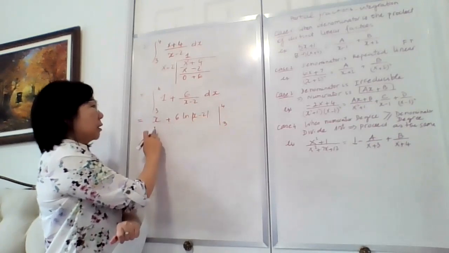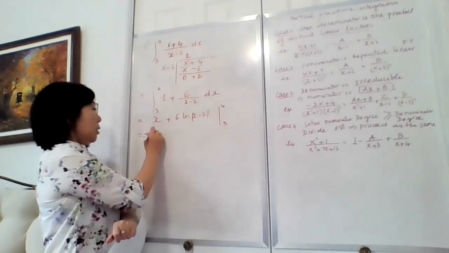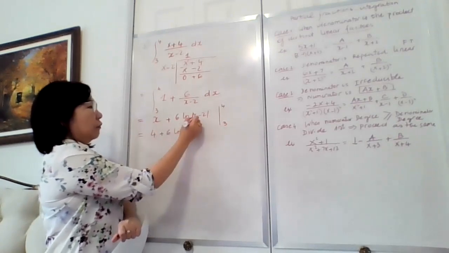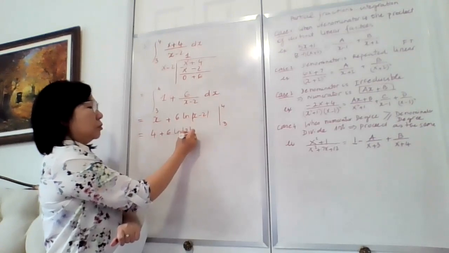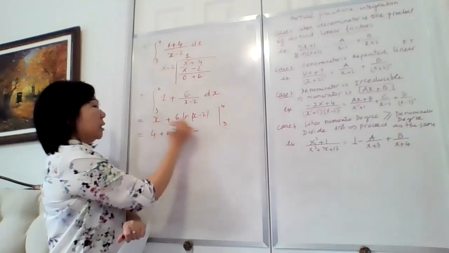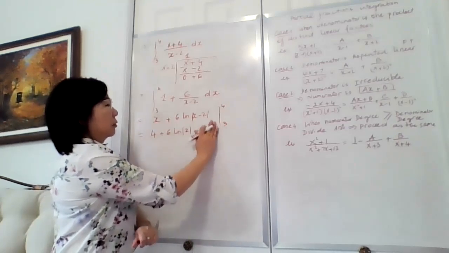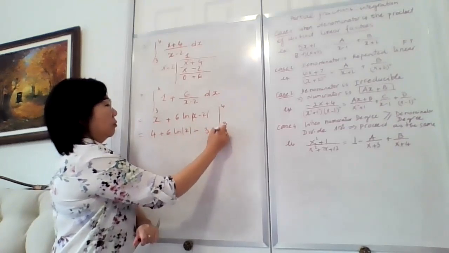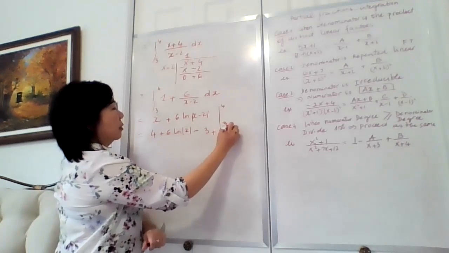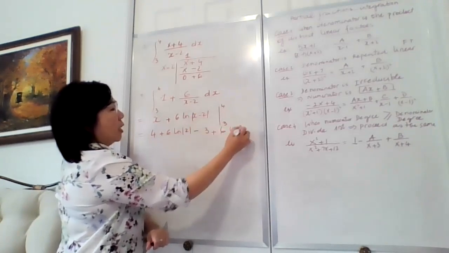So now, anything with the x, we substitute by 4. That will give us 4 plus 6 ln of 4 minus 2, which is ln 2. Minus, let's take away this, x is 3. Adding with 6 ln, x is 3, 3 minus 2 is 1.